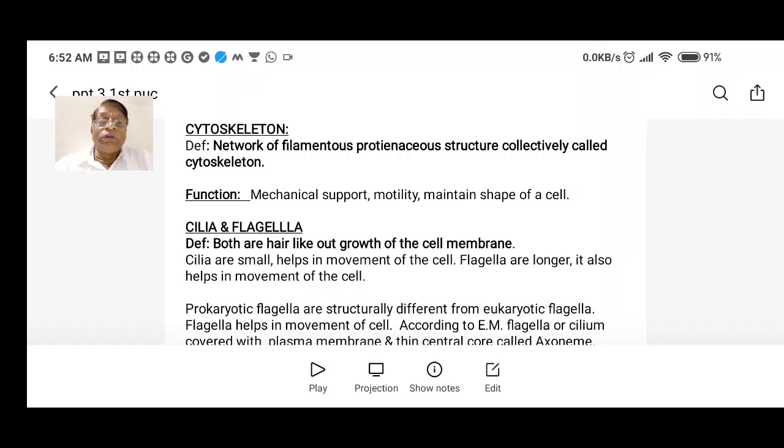The cytoskeleton takes part in many functions of the cell. So, many functions means what? It gives mechanical support within the cell.